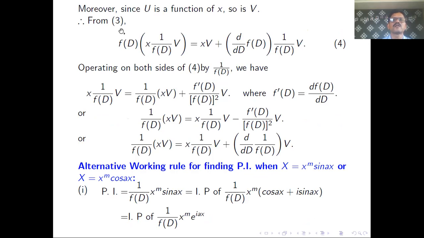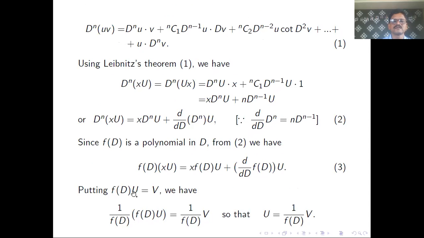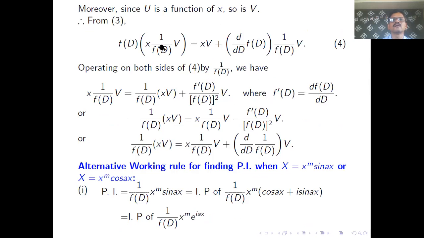So from 3, f of D remains as it is, then f of D into u, this u replaced by 1 upon f of D into v, and x remains as it is.